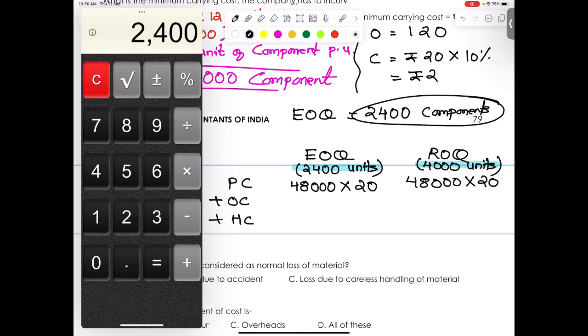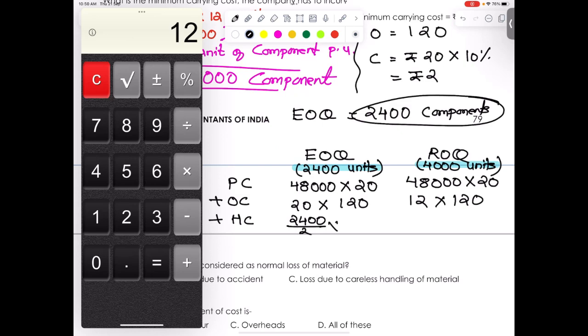How many orders are required to be placed? 20 orders, and each order will cost you 120 rupees. While if you purchase 4000 units in a single order, the number of orders to be placed in a year is 12, multiplied by 120, and the holding cost is 2400 divided by 2 into the fee of 2 rupees. Here it is 4000 divided by 2 into 2.